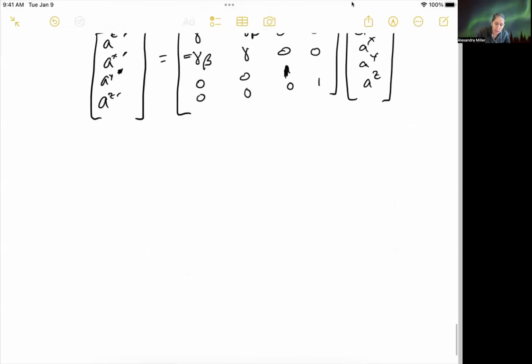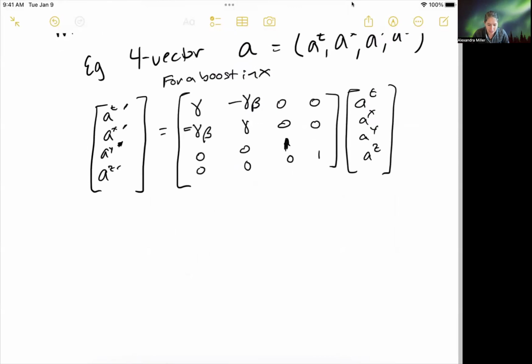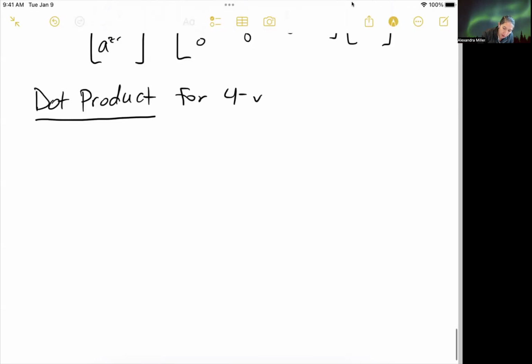So one thing that we're going to want to do with 4-vectors to sort of turn them into our favorite object, the scalar, is by doing something known as a dot product, which is going to look very similar to the dot product that you're familiar with from your other physics classes, except now we have four objects, and there's going to be some pesky minus signs to keep track of.